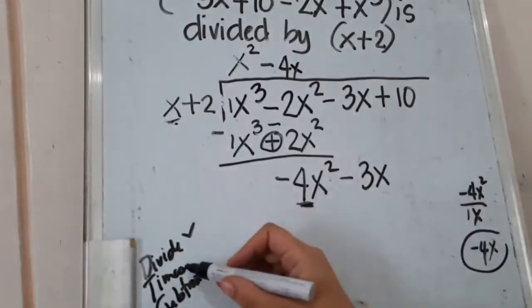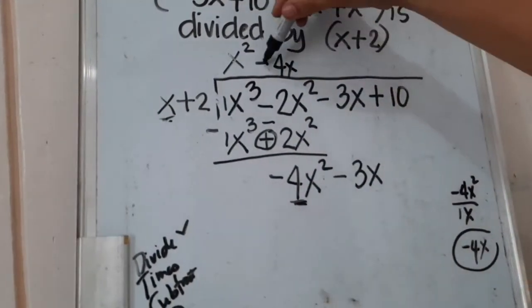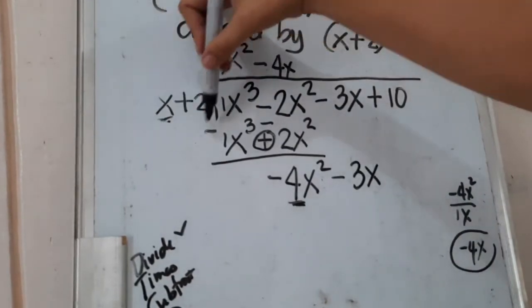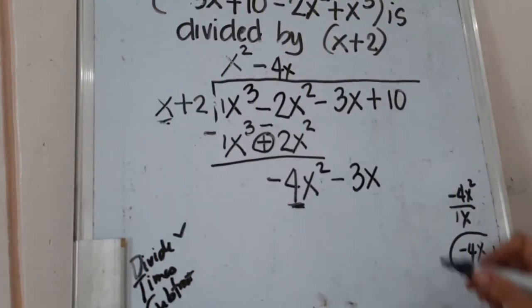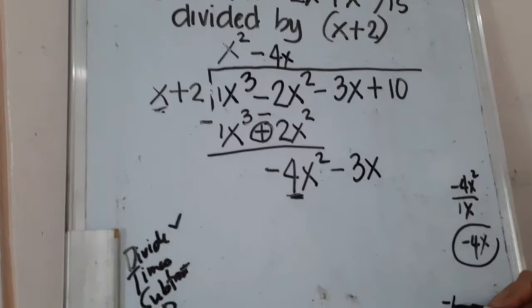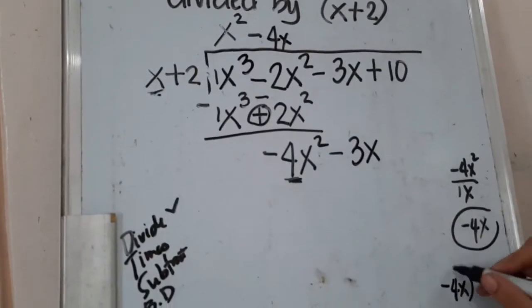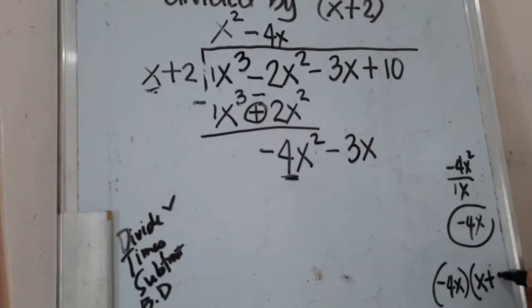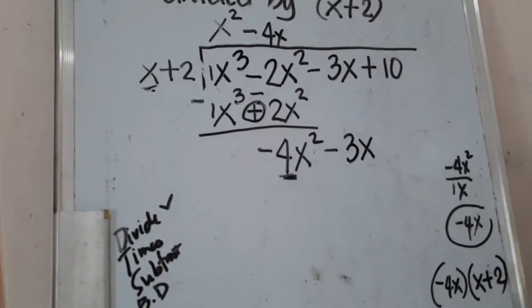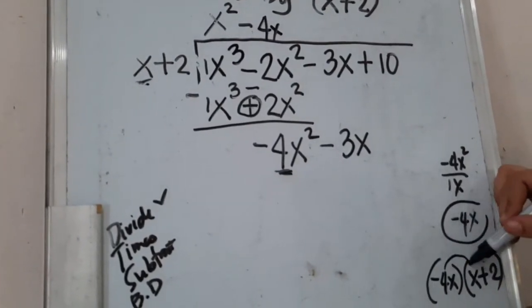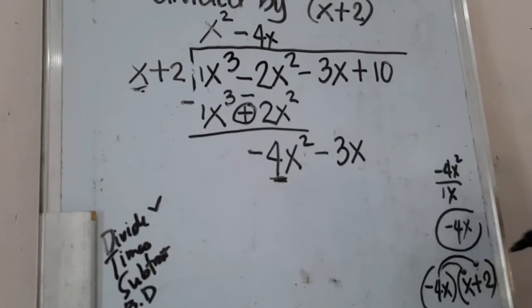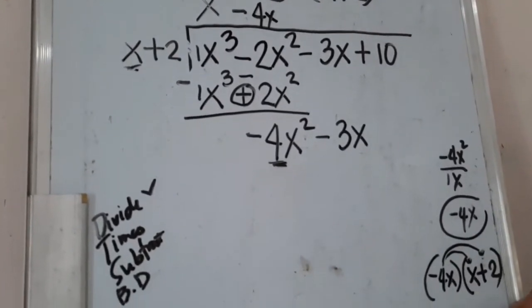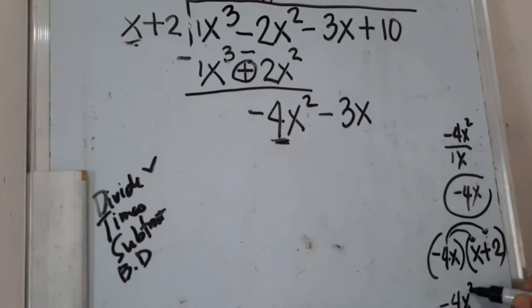Next step, we will be multiplying. So our negative 4x will be multiplied to the divisor, which is x plus 2. Doing the distributive property of multiplication, negative 4x times x becomes negative 4x squared.